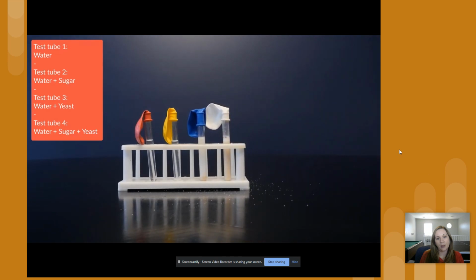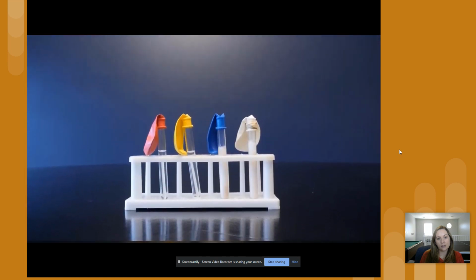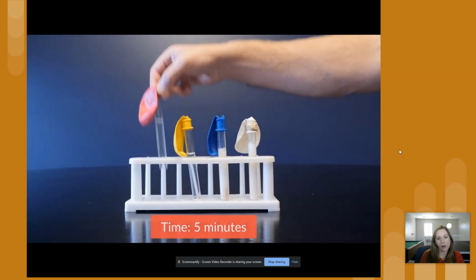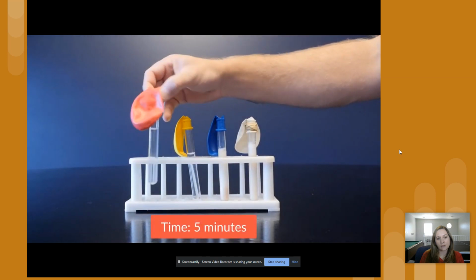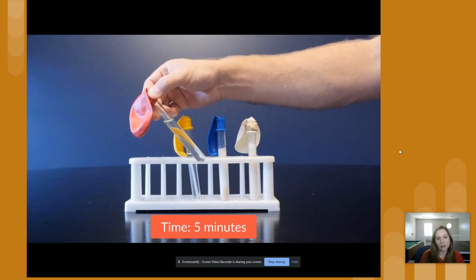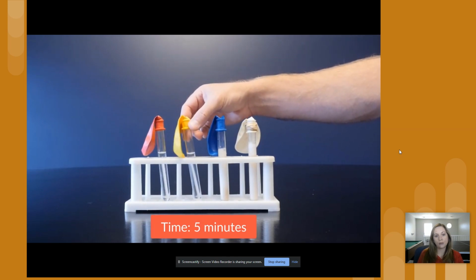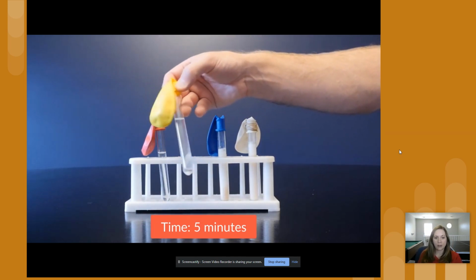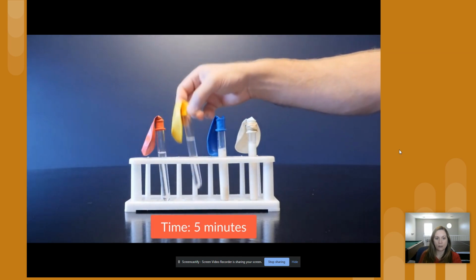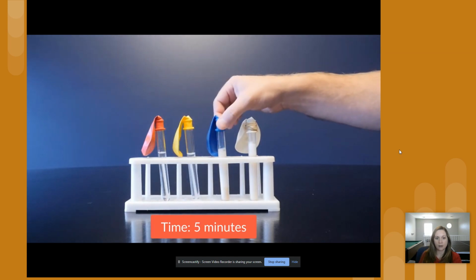Okay. And so you can see the water obviously is just clear. The sugar has dissolved. This is after 5 minutes. We have just clear water, no change in our balloon there. This one was sugar and water, remember? The sugar has dissolved. You can't see the sugar anymore, but nothing else looks any different.